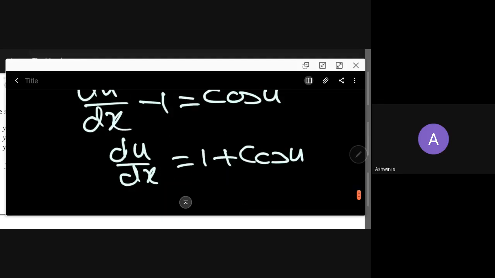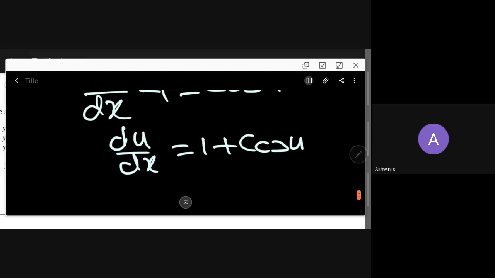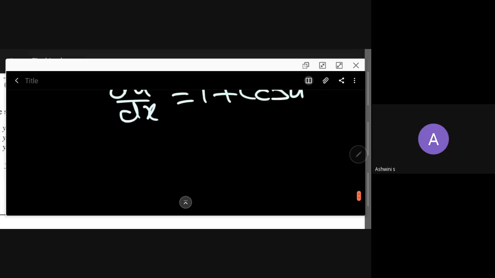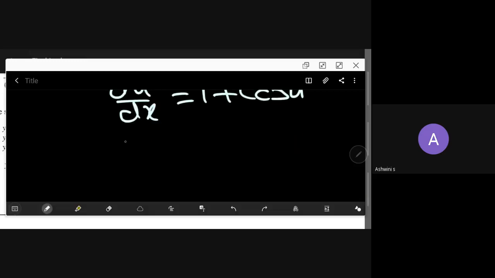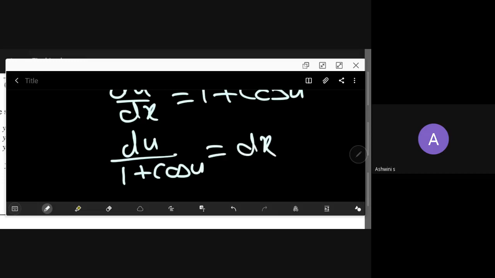Okay, so I write du by 1 plus cos u is dx. This we cannot do directly. How can we do this?